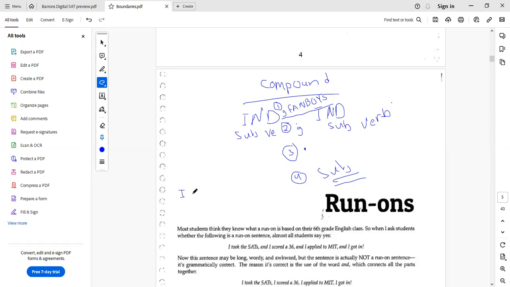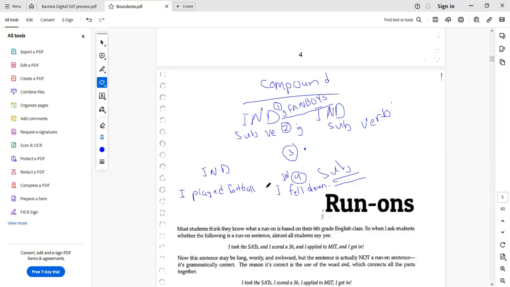I played football. I fell down. Subject, verb, independent. Subject, verb, independent. So teacher, what are we going to do?